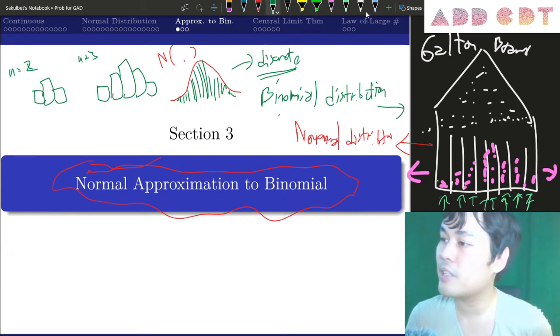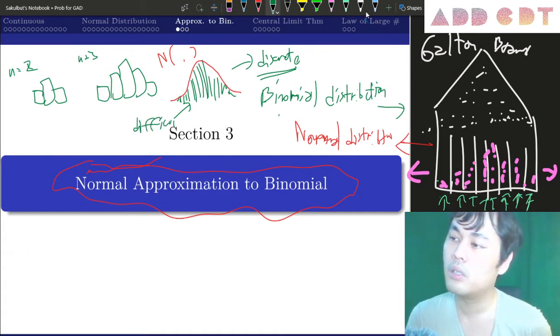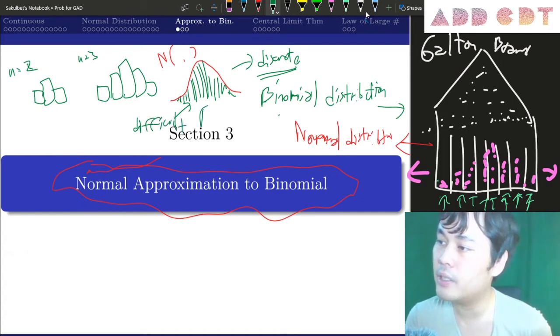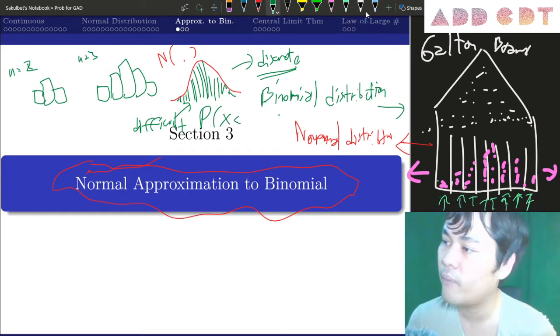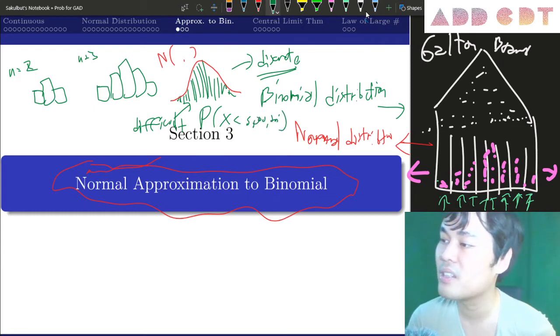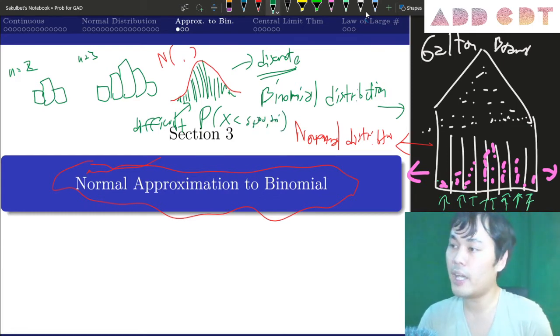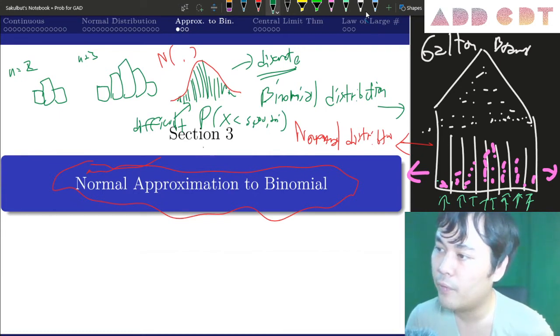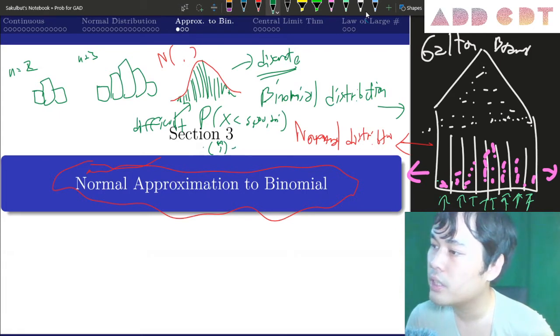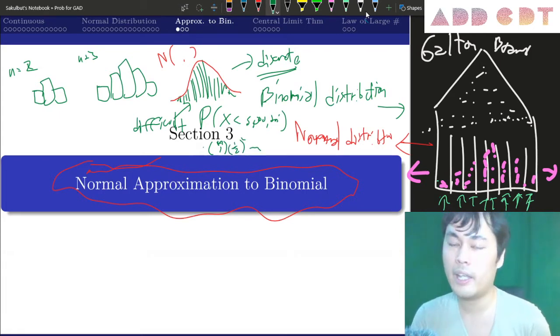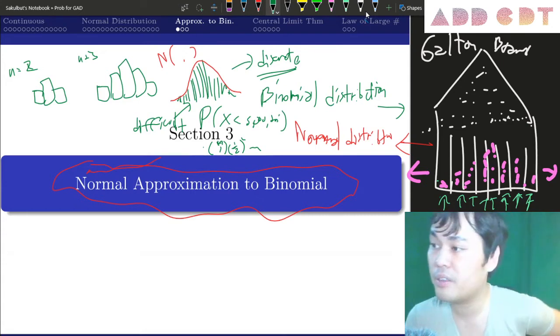But the actual computation for the binomial distribution is difficult. If you want to find the probability that you toss 10 million coins and you get like 5 million heads, the actual computation will involve summing up all the binomial terms, 1/2 to that or whatever, which is of course not fun.